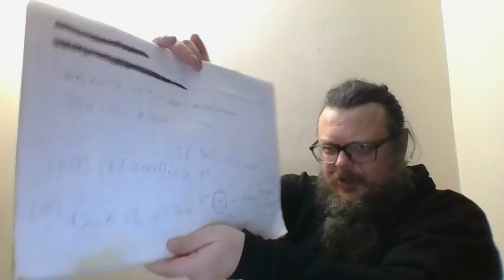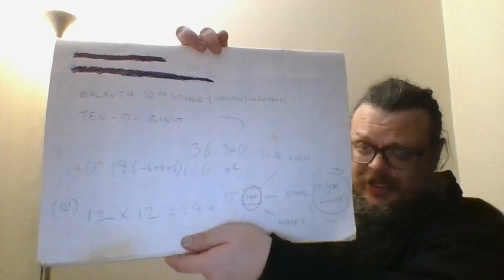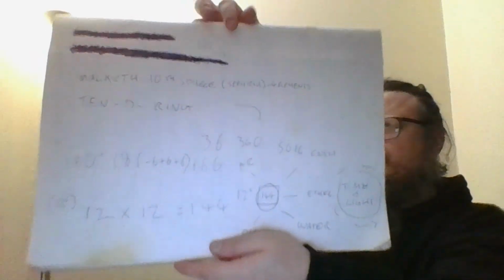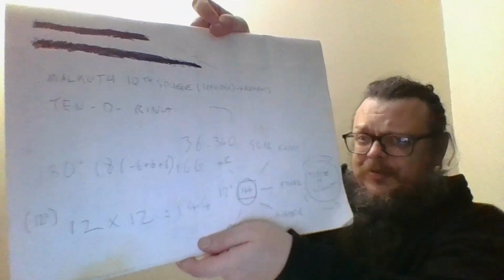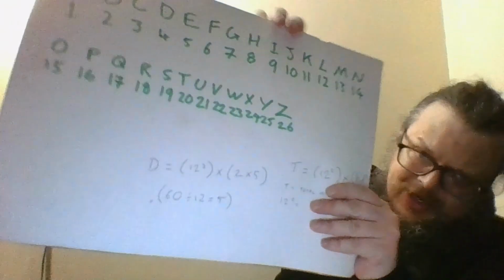This is the last page on it, or the second last page. The only clean bit I could find was beneath where I've got my gematria table.